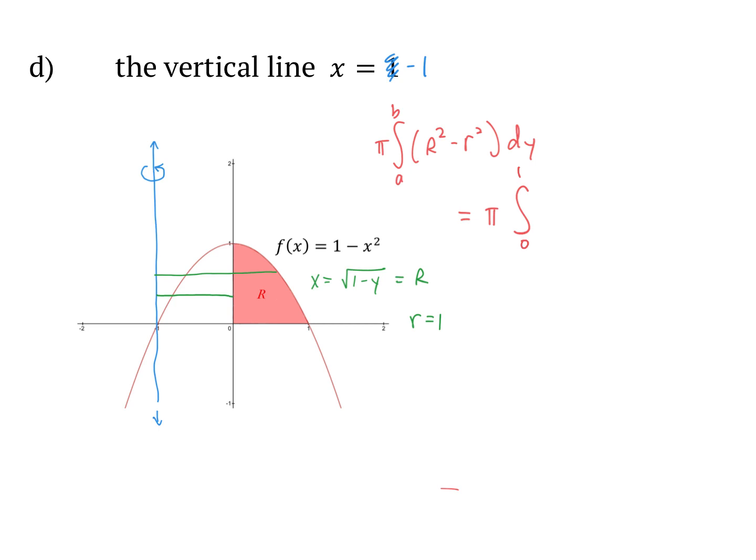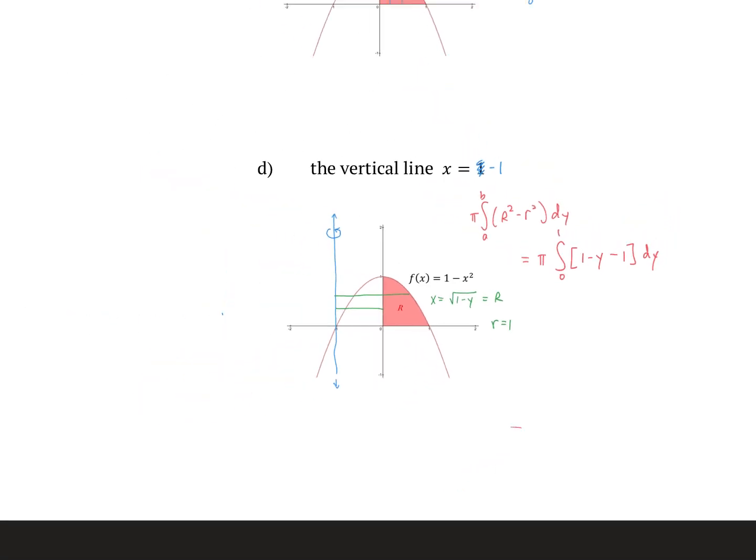And then big R squared is that square root squared, so that square root will cancel out. And then minus 1 squared, which is 1. That's it. And just evaluating that would give you that volume.